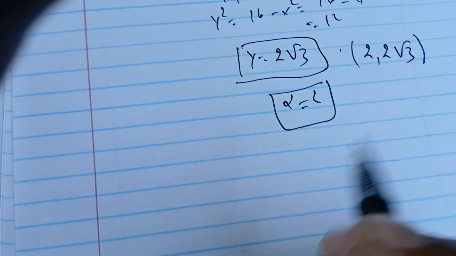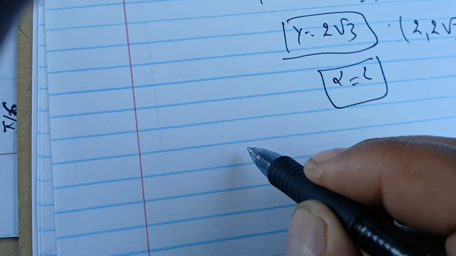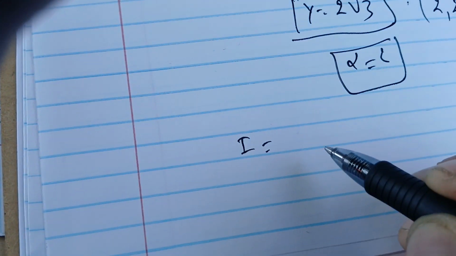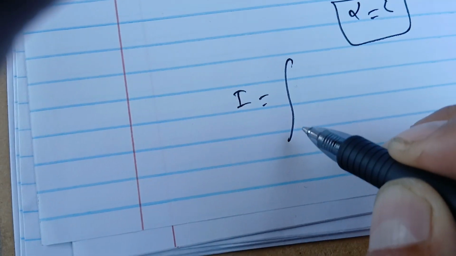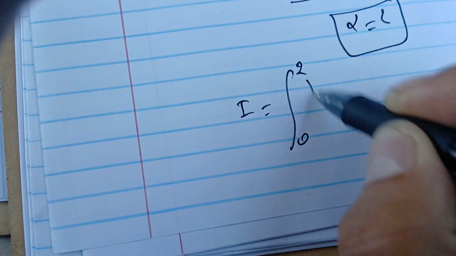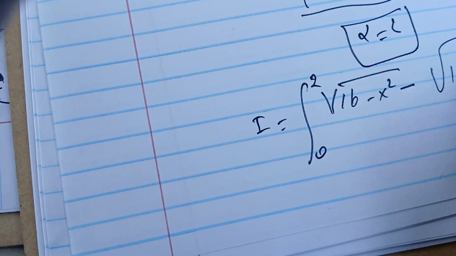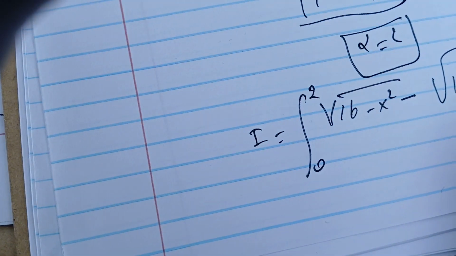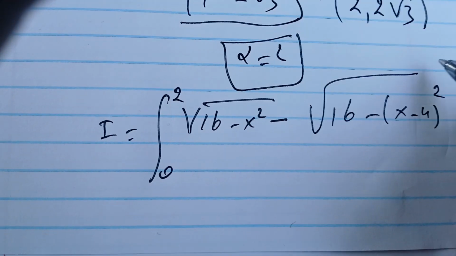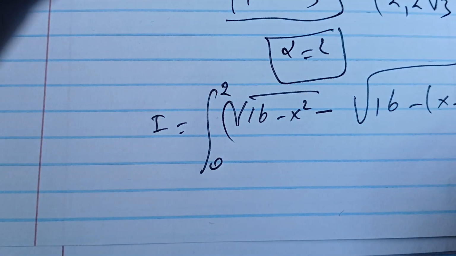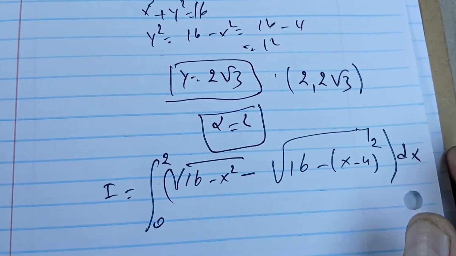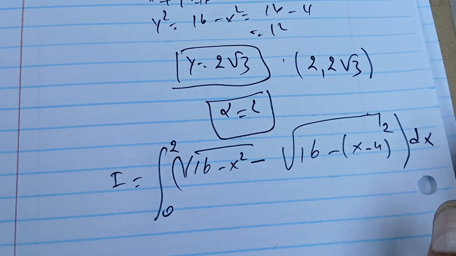So now, to find this small part that we have to multiply by 4, we have to solve this integral from 0 to 2 of the square root of 16 minus x squared minus the square root of 16 minus x minus 4 squared, dx.